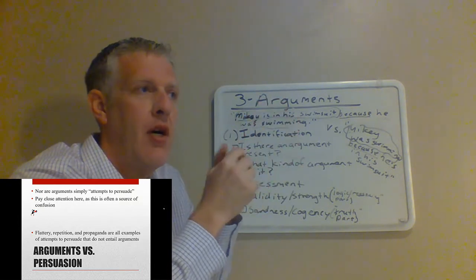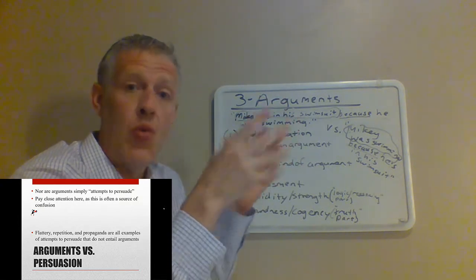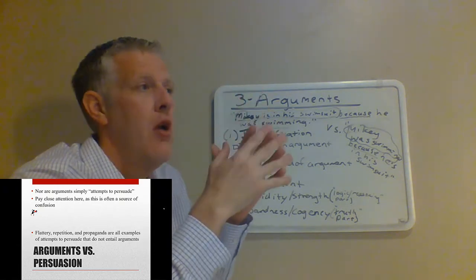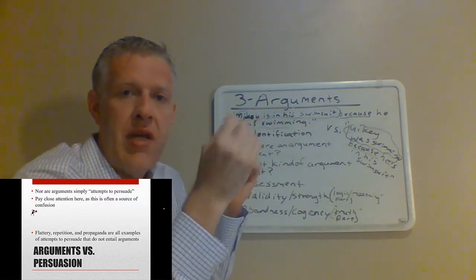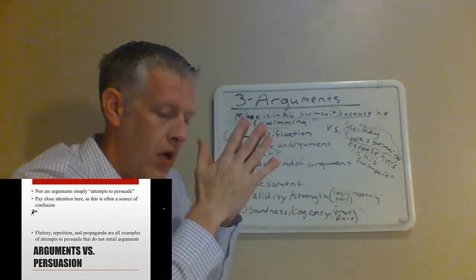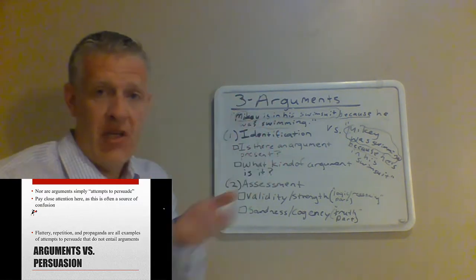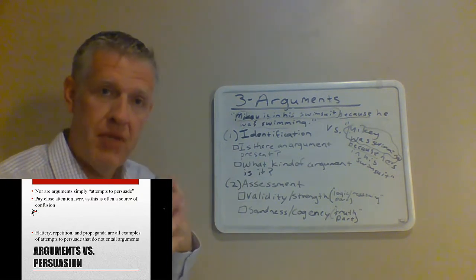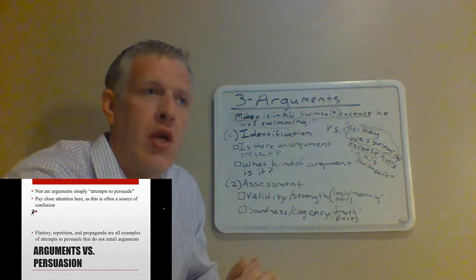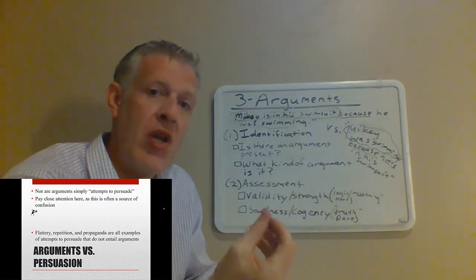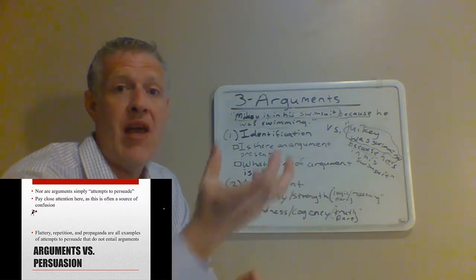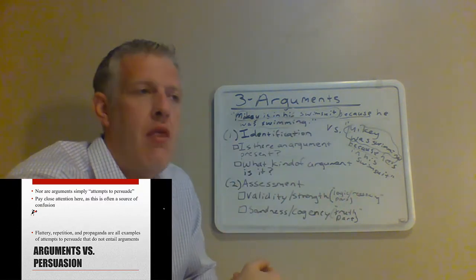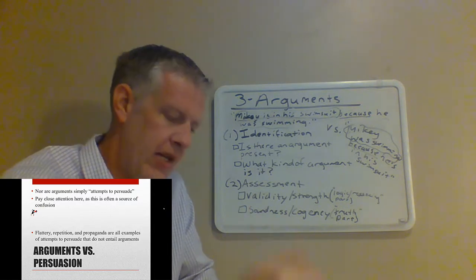Not all arguments are aimed at persuading, necessarily, and not all attempts to persuade entail arguments. Okay? So, as I point out in slide 5 again, this is a very common sort of mistake that people can make, construing attempts at persuasion, when there is no argument, as there being an argument there, and then vice versa, always assuming that arguments are an attempt to persuade when that's not necessarily the case.